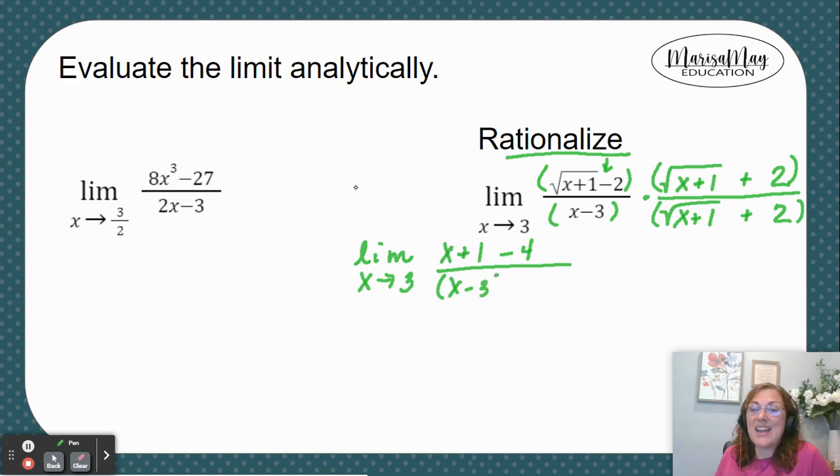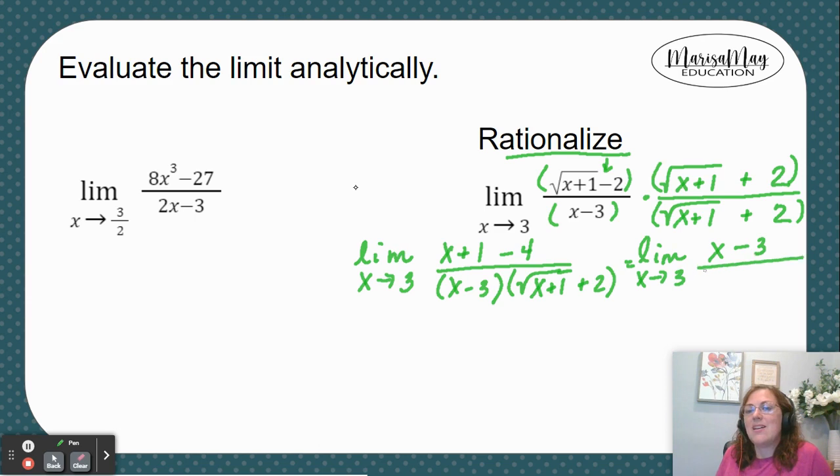In fact, I wouldn't. You may be saying, well, why wouldn't you? And that's because look what happens on the top. I want you to see that those terms on the top simplified to x minus 3. And now we can cancel the x minus 3 that's in the denominator.